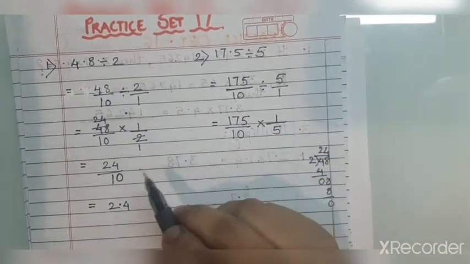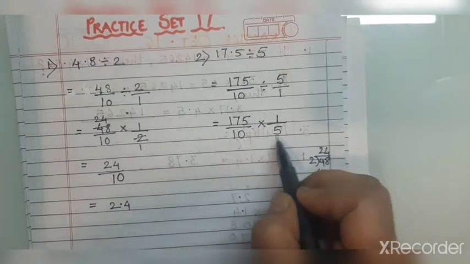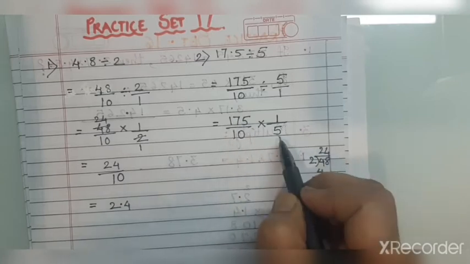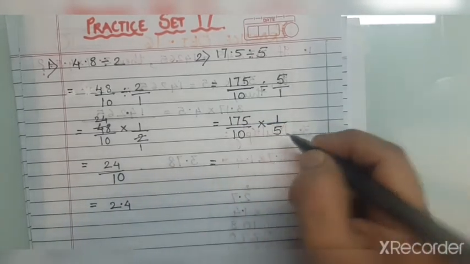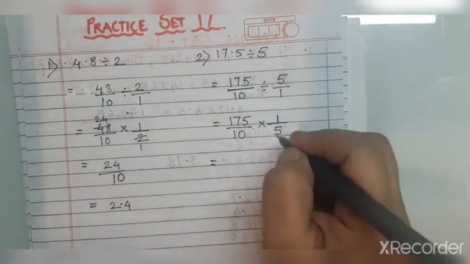Now the same method we did in the first sum, we will keep 10 as it is and we will solve the others. Now 175 upon 5 means it is divided by 5. So as I told you, you can do the division in the rough work, or we can cancel it here itself.